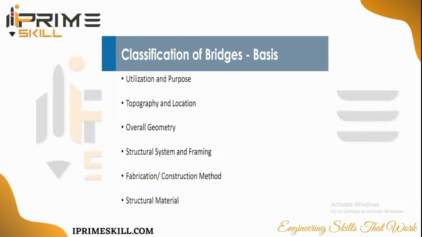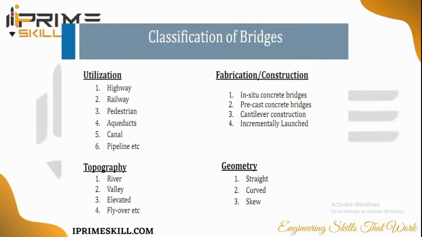So the different types. So you can see the classification of bridges. When you say utilization, it can be a canal, an aqueduct, a highway, a railway, a pipeline also. For fabrication and construction, we have cantilever construction, incrementally launched, in situ concrete bridges, precast.